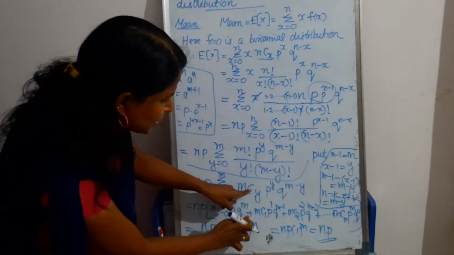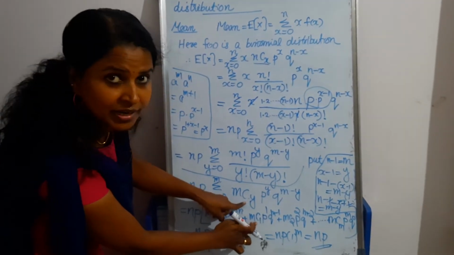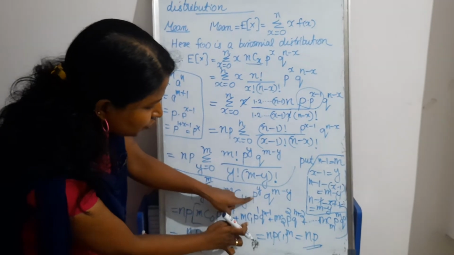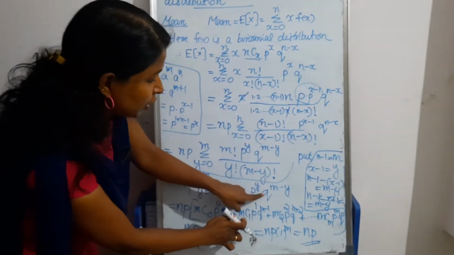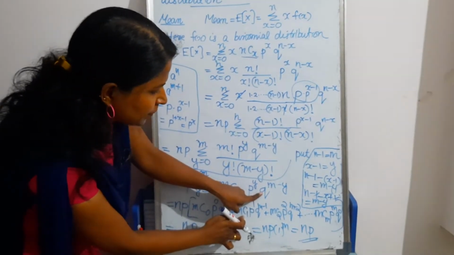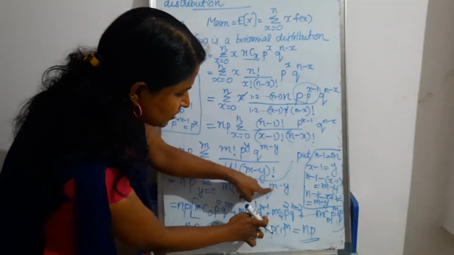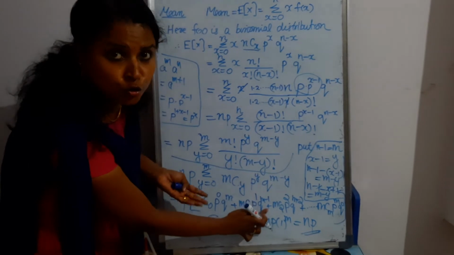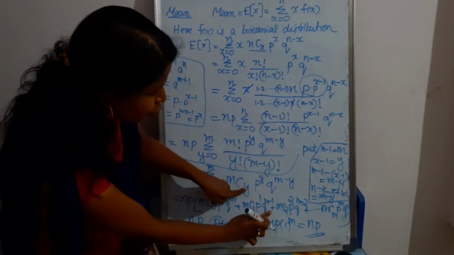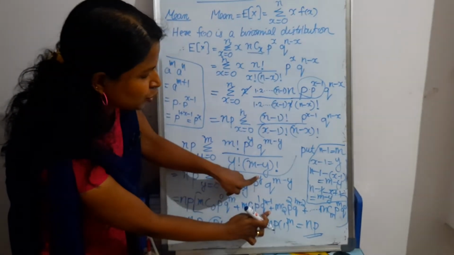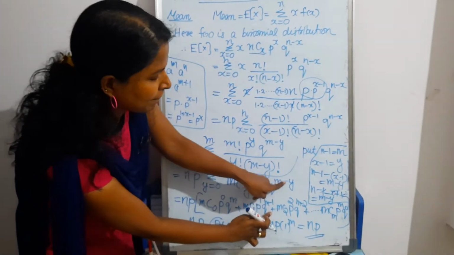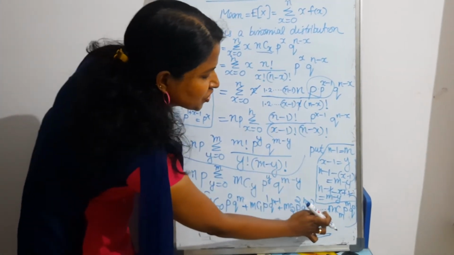So mc1, p raised to 1, q raised to m minus 1, plus next term y equal to 2, mc2, p raised to 2, q raised to m minus 2, plus etc.